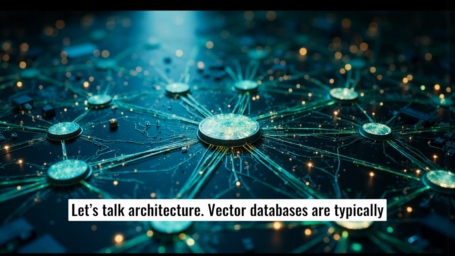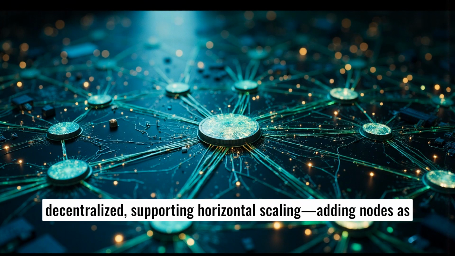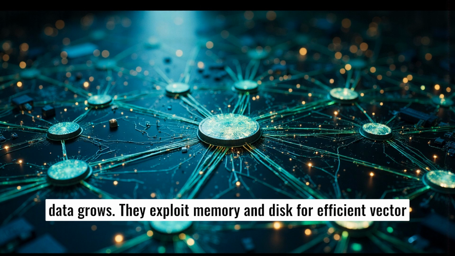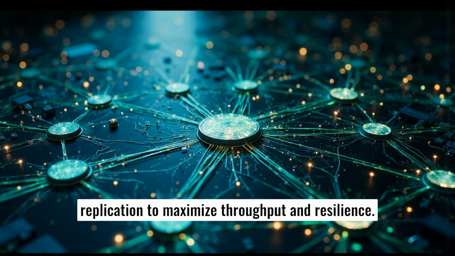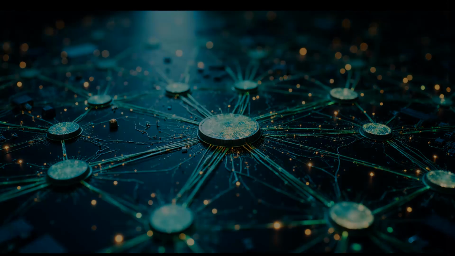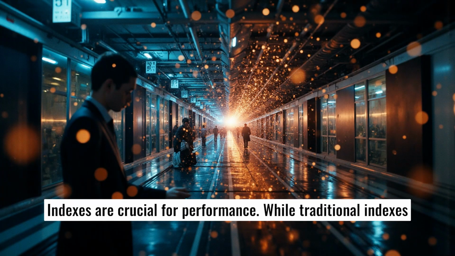Vector databases are typically decentralized, supporting horizontal scaling, adding nodes as data grows. They exploit memory and disk for efficient vector storage, but also provide advanced strategies like sharding and replication to maximize throughput and resilience.